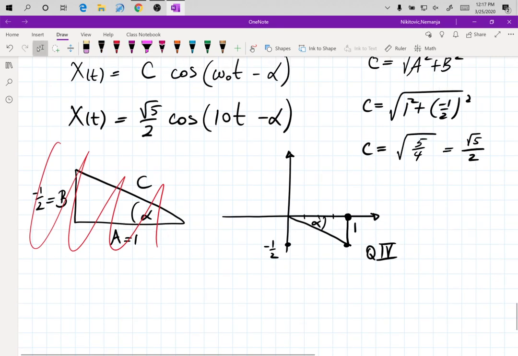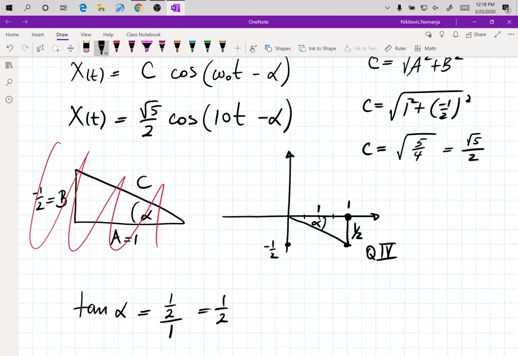Well, the reference angle alpha is going to be 1. So let me put 1, and this is 1/2, and this is 1, right? Okay. So it's opposite over adjacent. So tangent alpha is going to be 1/2 divided by 1, which is 1/2. So alpha is inverse tangent of 1/2.